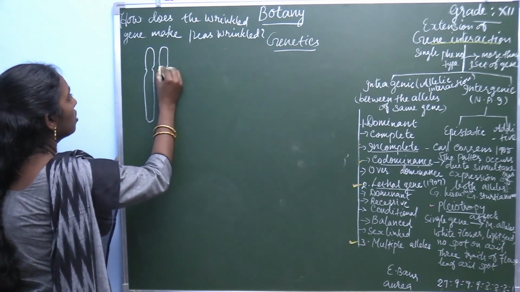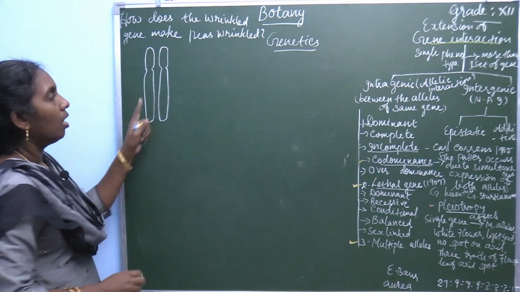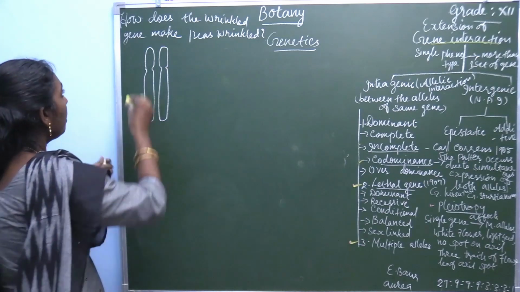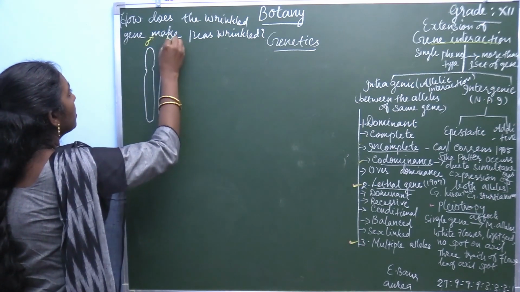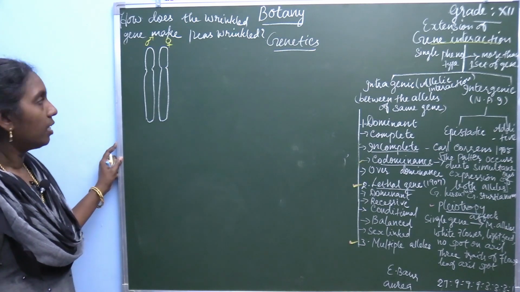This is a homologous chromosome. In the homologous chromosome, one represents the male and another the female, the paternal and maternal.